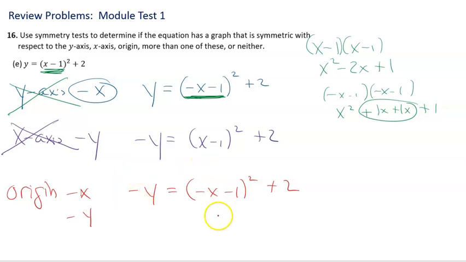If I multiply the negative to the other side, that would give me negative (x minus 1) squared plus 2. But then if I multiply that out, that's going to make this a negative x squared. And it's still not going to match, y'all. So if you multiply them all out, you're going to realize that they don't match.